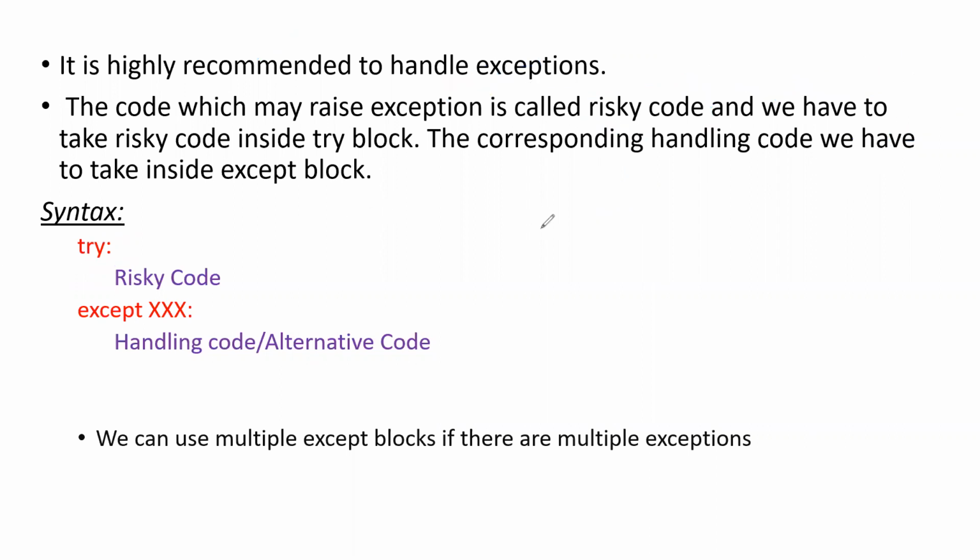What I'm going to do is, you are telling Python, okay Python, try this risky code first. If this risky code is good, it is not throwing any kind of error, fine, no problem, then print the output.